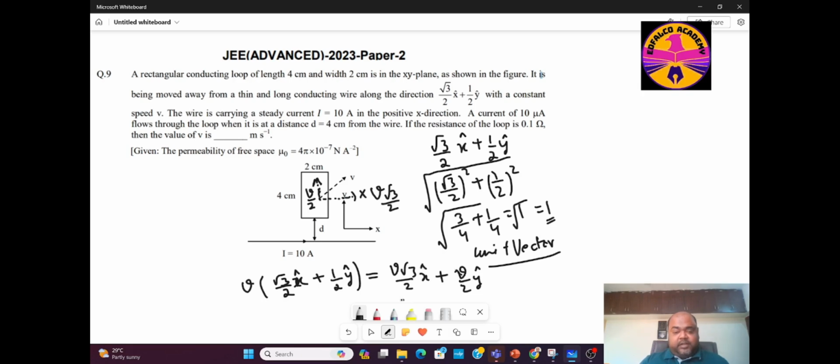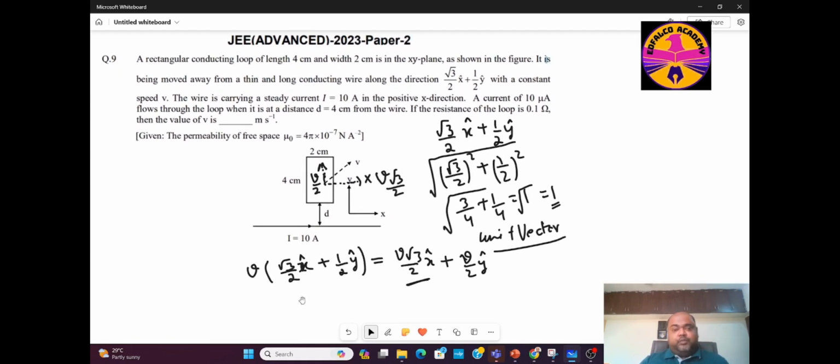That's what I have written here, that it is moving v root 3 by 2 along the x direction and v by 2 along the y direction. So I hope the direction of how it is moving is clear. And it is told that it is moving with a constant value v, so whatever the magnitude, it is going to be a constant number.